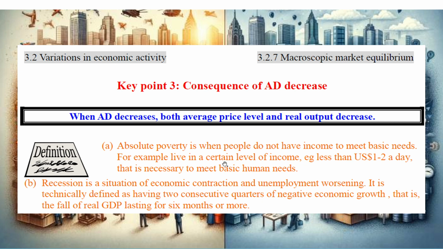If their income is less than that, the necessities to meet basic human needs cannot be met. Very sad. We should change the world. You can. And recession is a situation where economic contraction and unemployment worsen. It is technically defined as having 2 consecutive quarters of negative economic growth. That is the fall of real GDP lasting for half a year or more.